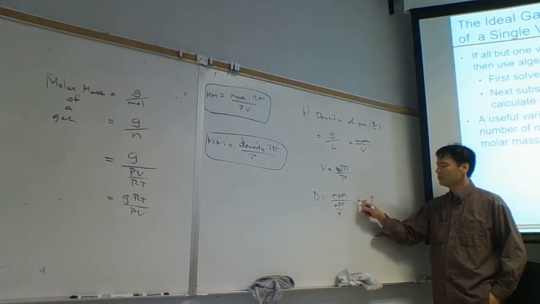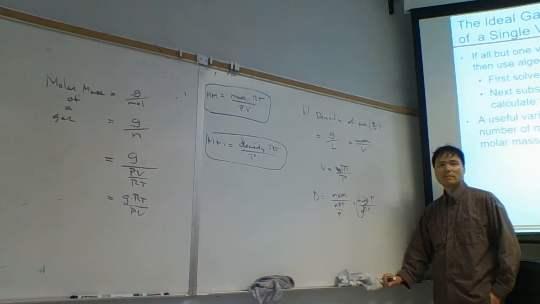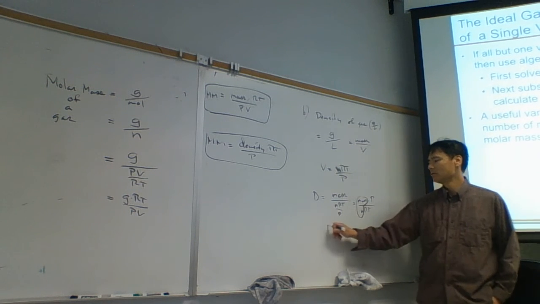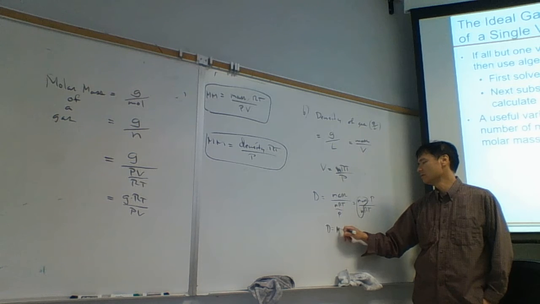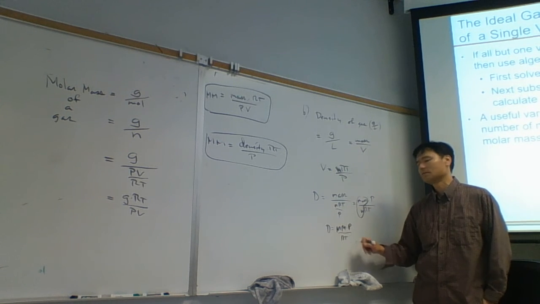Well, we saw this one before, mass over moles. Do you recall seeing that one? What is mass over moles called? Molar mass. And so we end up with this equation. The density is equal to the molar mass times the pressure divided by RT.